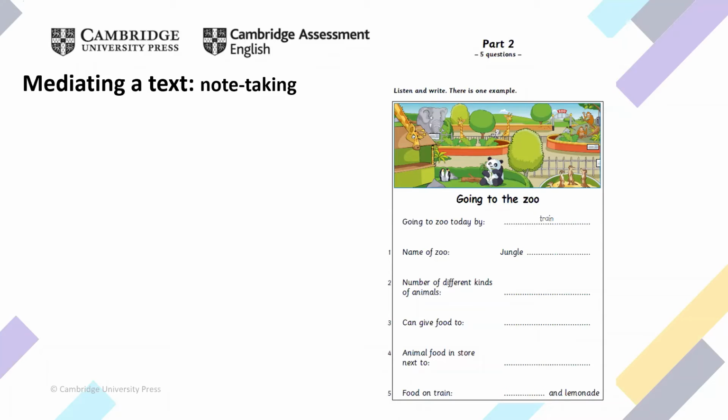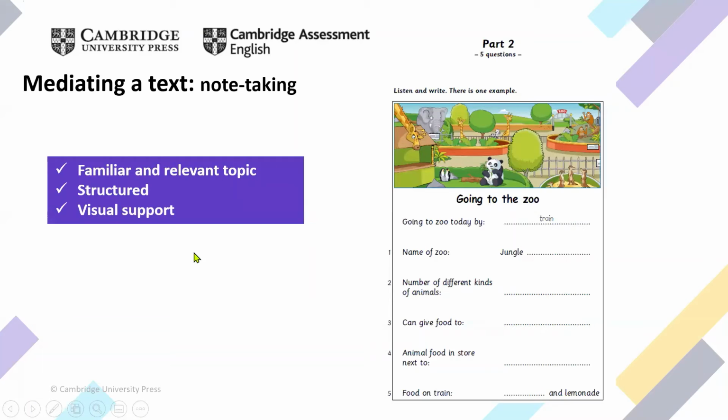So basically the topics that we expect they can be familiar with at this level. And as you can see, familiar, relevant, very well structured, with visual support as well. At this level, where we expect them to write a name, which you can see in item number 1, that name is always spelled out.